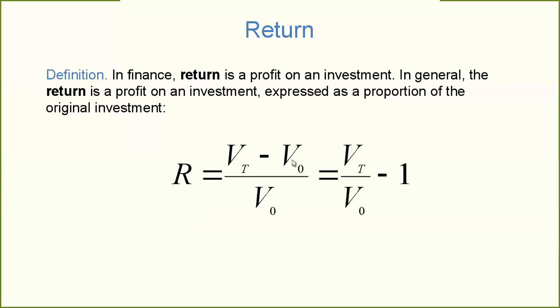And we can divide Vt by V0 and V0 by V0, and the result can be expressed as Vt divided by V0 minus 1. It will be useful for later. So remember, please.